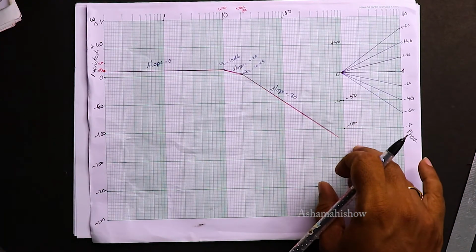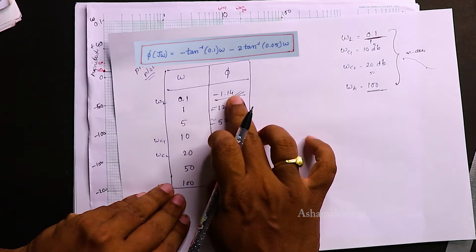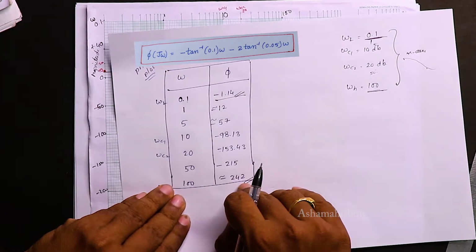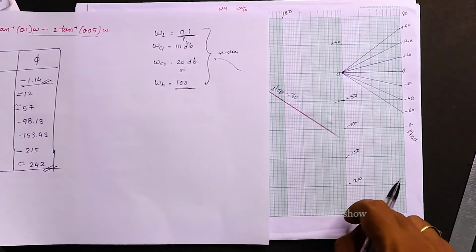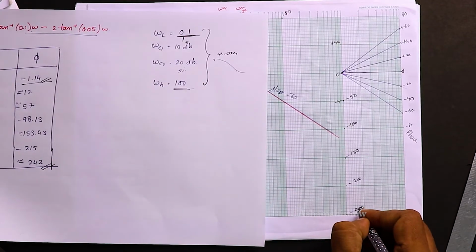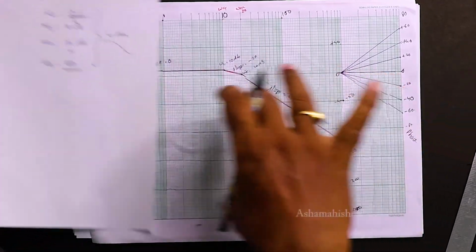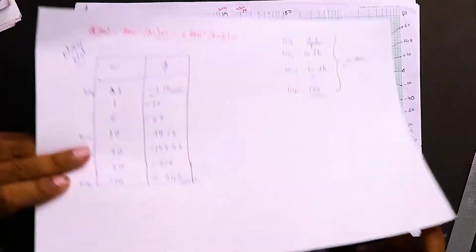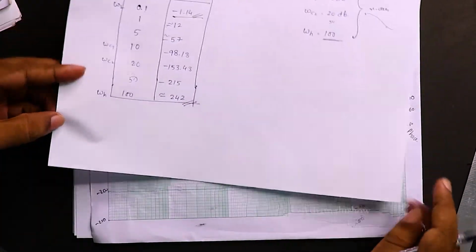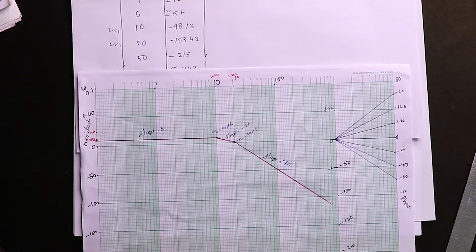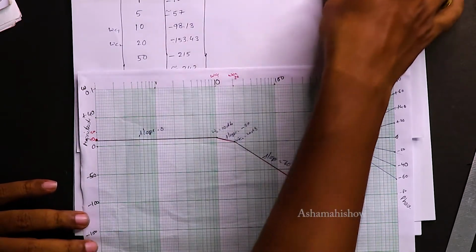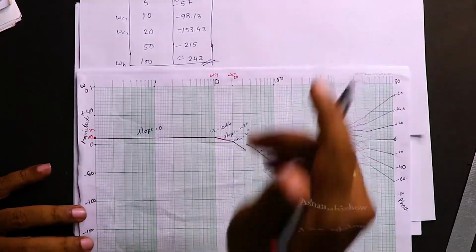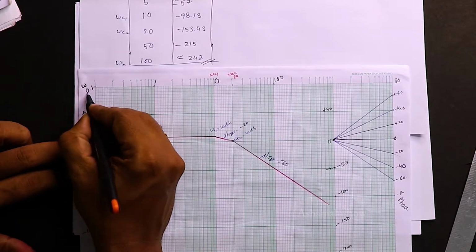Because my phase value started at 1.14 and reached 242, I have taken 250 as the maximum value. So my plot will be in between here only. Let me draw that. I'll take this reference and draw. Right, so let us start marking it. I'll mark with an orange pen for your reference. So omega 0.1.